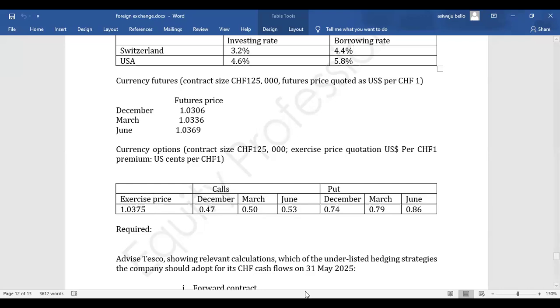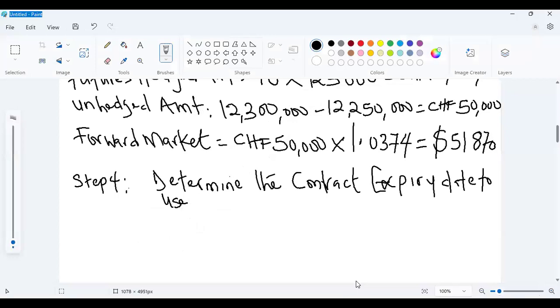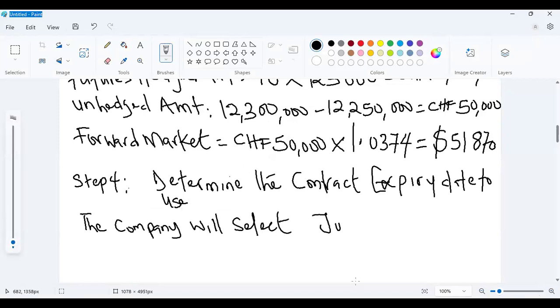You now state this fact to the examiner, and you are given a price, 1.0369. Now come here. The company selects June expiring contracts.